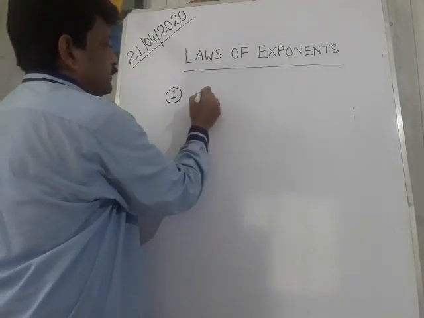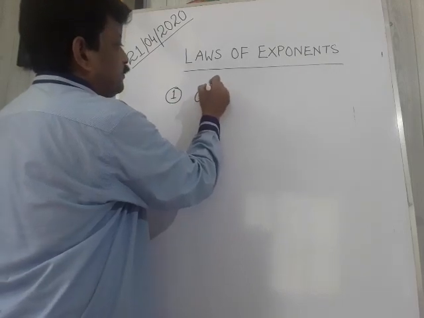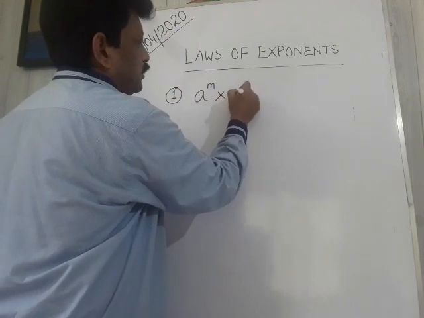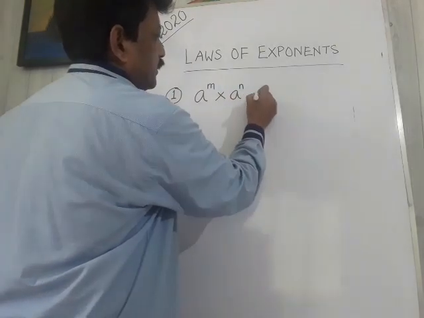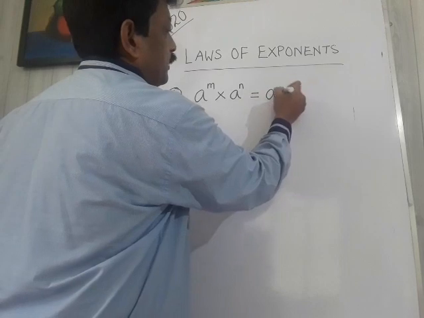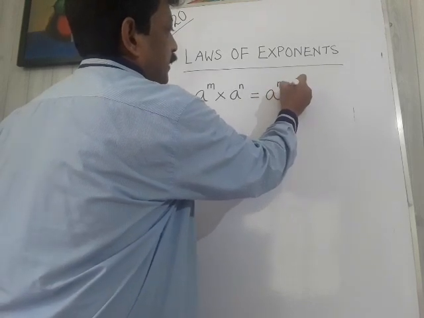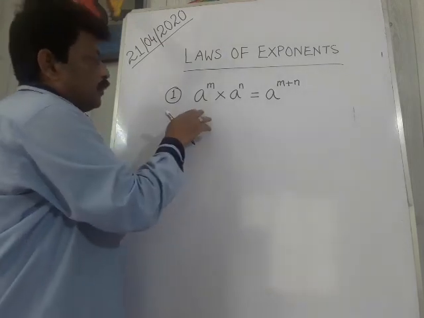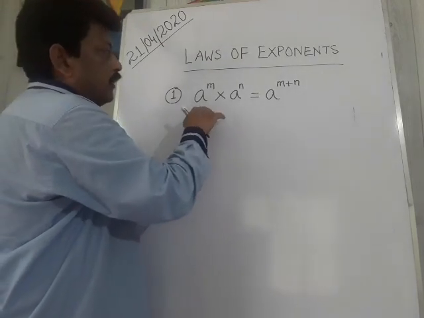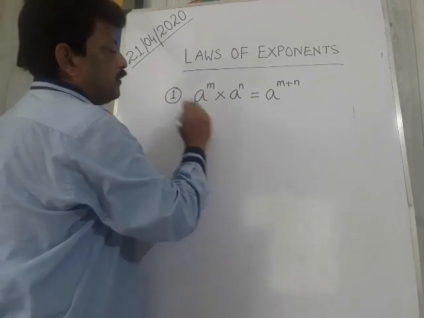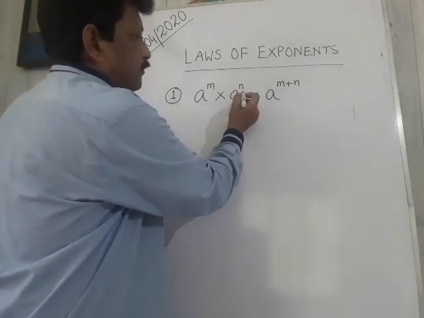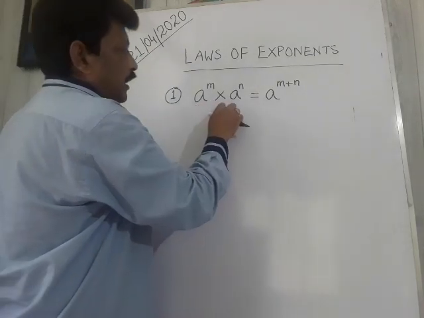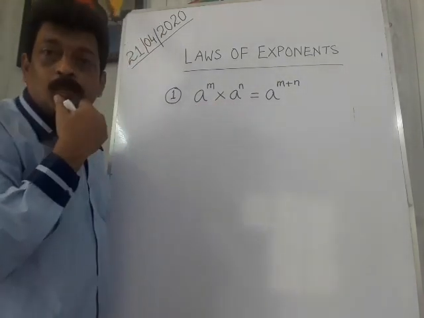Number 1, a to the power m into a to the power n is equal to a to the power m plus n. Here a is having power m, and here a is having power n, and a to the power m and a to the power n are multiplied.